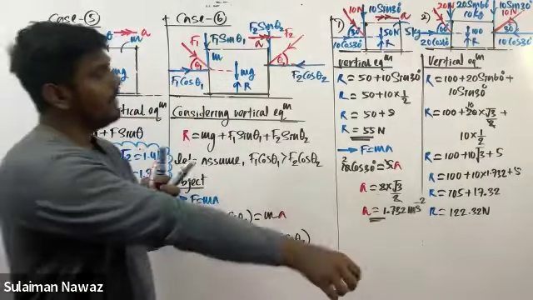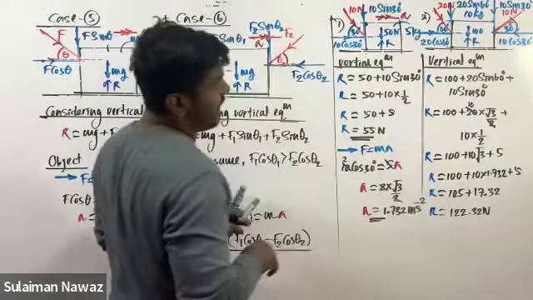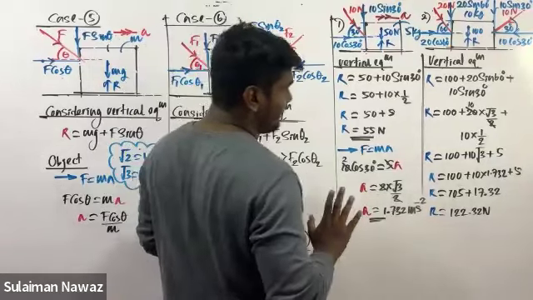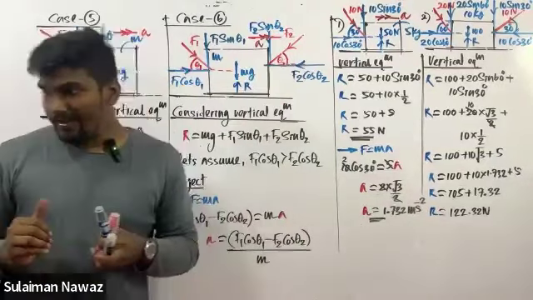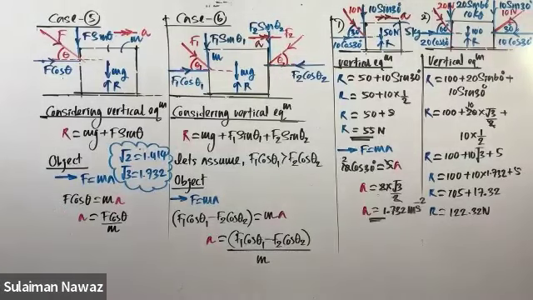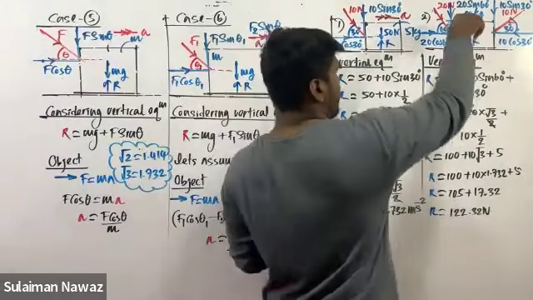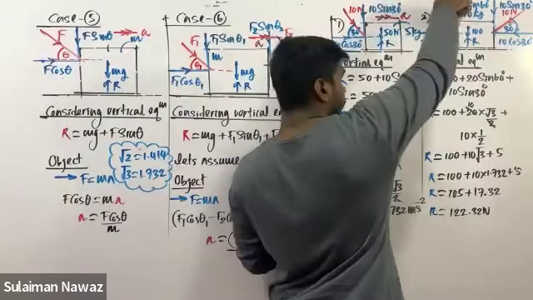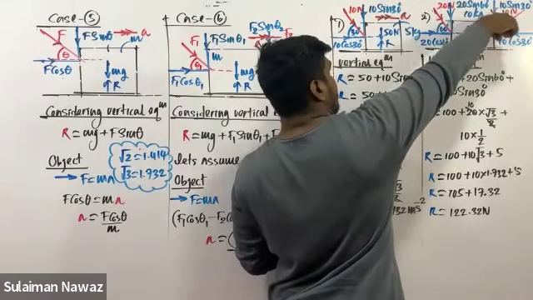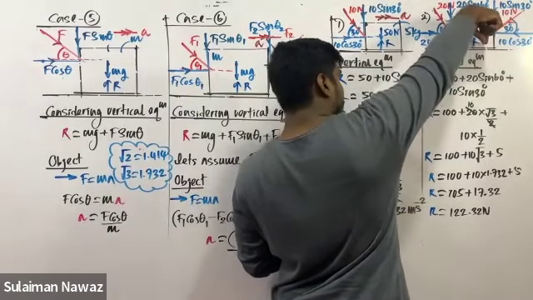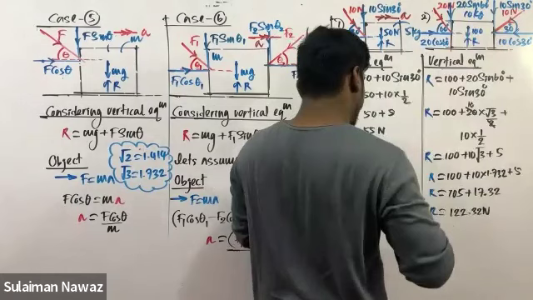Okay. Then what we can do? Now I want to find the acceleration. But why do we add here? Because 20 sin 60 is downwards, 10 sin 30 also downwards. Very simple idea, right?